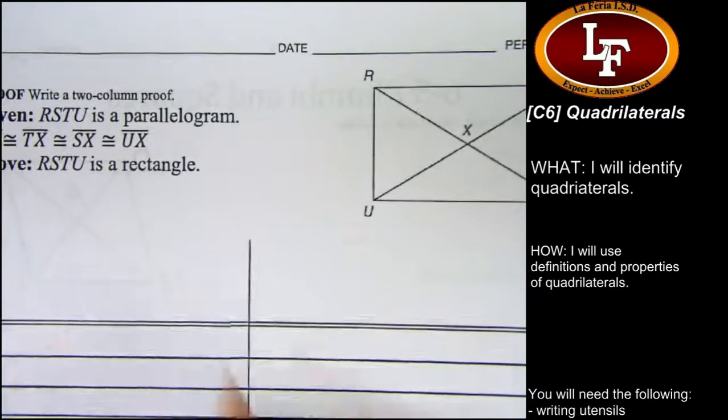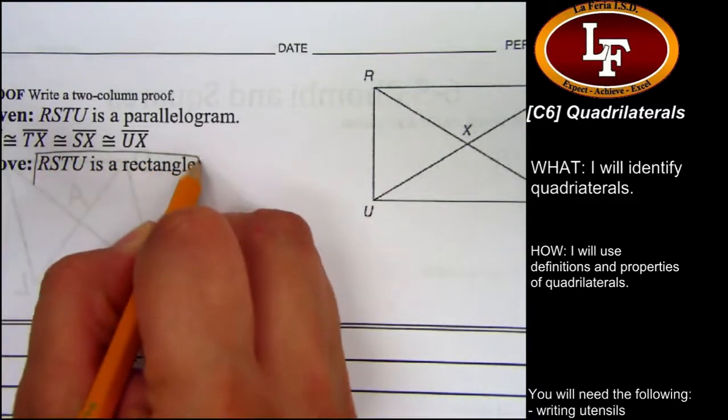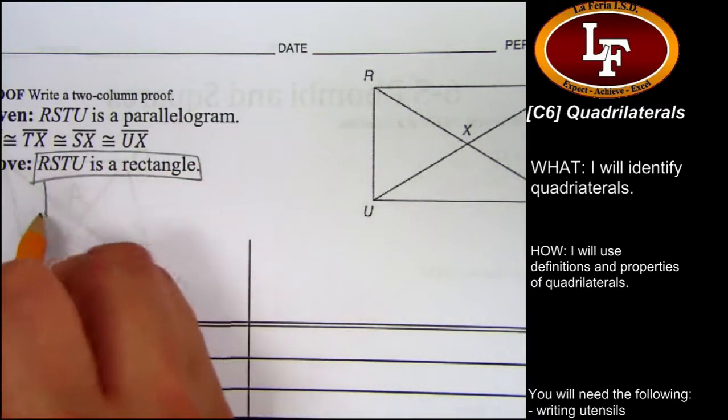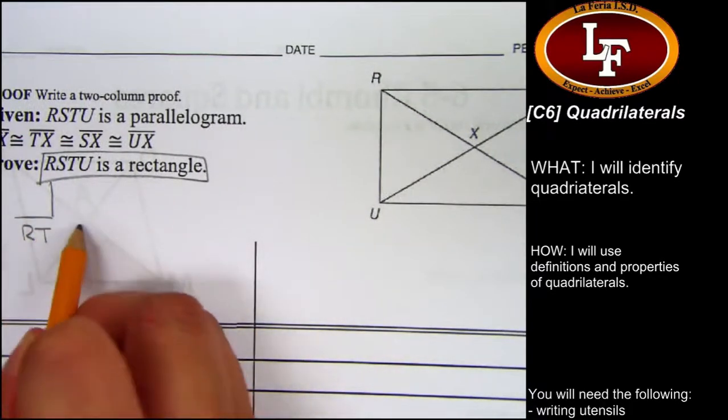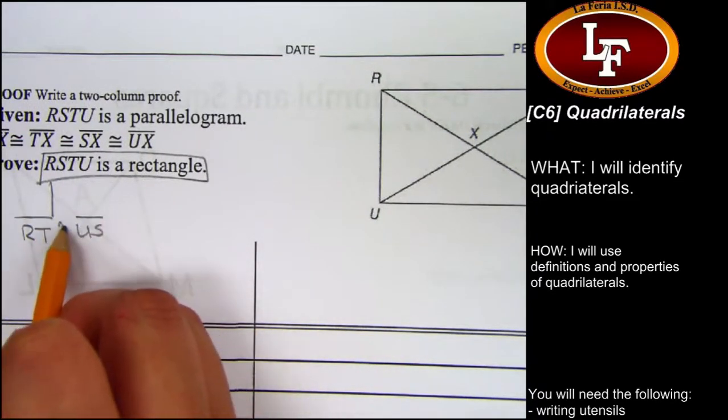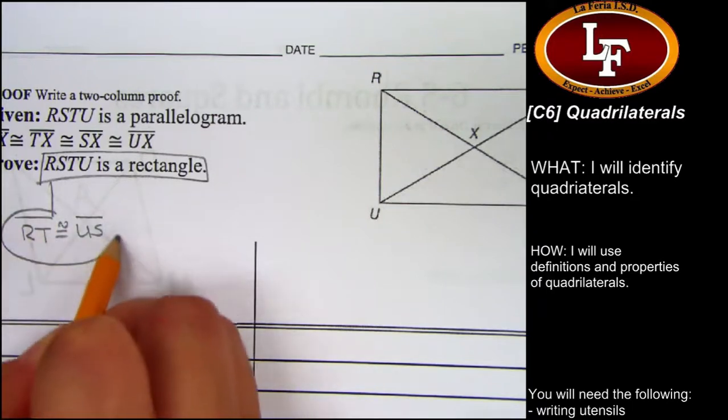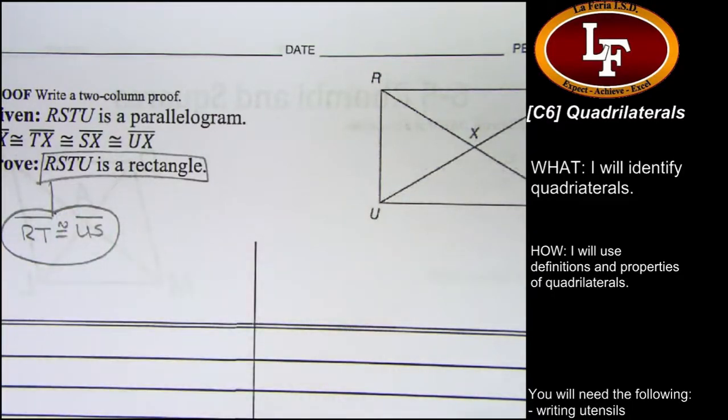So in order to get to this prove line, I need to first state that my diagonals, RT and US, are going to be congruent to each other. Notice I'm setting you up at the start of a flowchart proof.